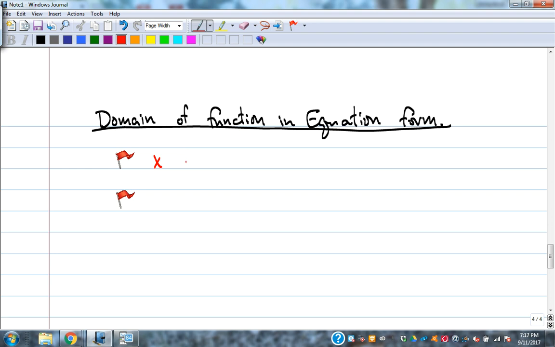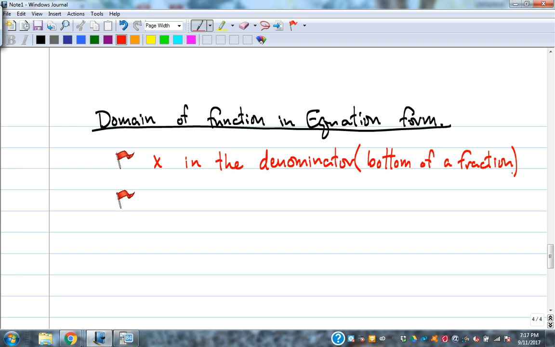X is the one we're looking for in the denominator. What do I mean by denominator? I mean the bottom of a fraction. If there's a variable in the denominator, the bottom part of a fraction, that's a red flag, and we're going to learn what to do with that. Okay, so that's one of the red flags we're looking for.